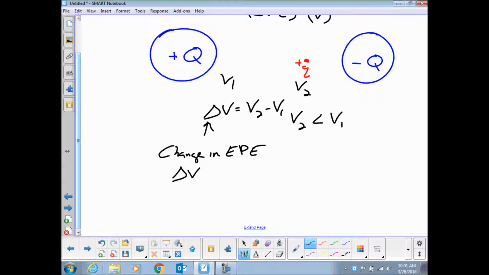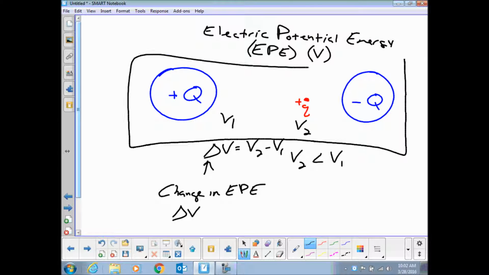If we're talking about a battery, if you consider one of those 9-volt batteries, then what that really means is between the positive and the negative, the change in voltage is 9 volts.